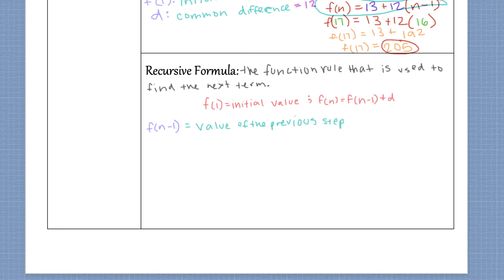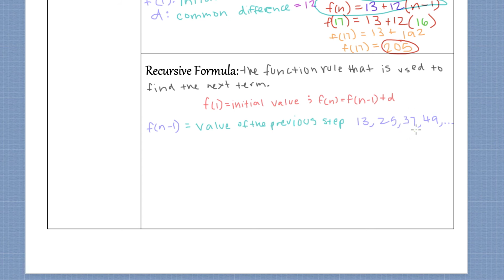So let's say we had an arithmetic sequence over here, and it's going to be the same one that we had up there. So it's going to be 13, 25, 37, and 49. Right? And then it keeps going. And so let's say n in this case was equal to 3, right?